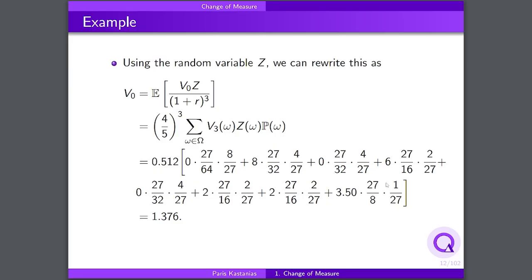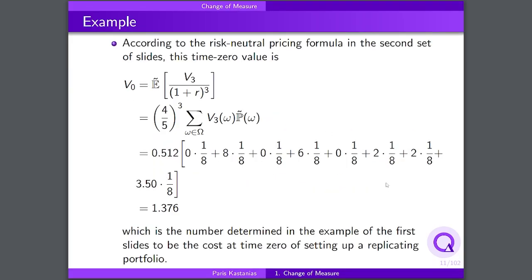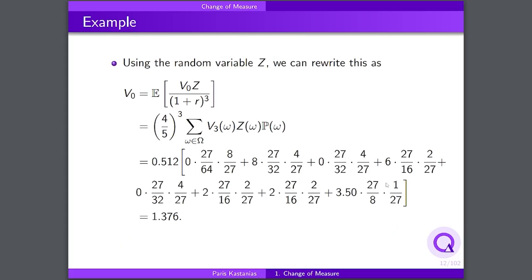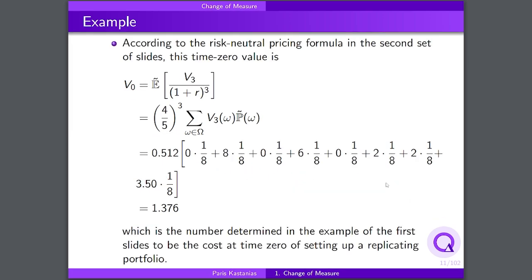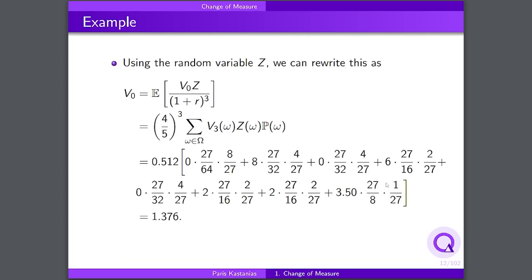So instead of using V3 with the P tilde, we can use V3 times Z times P. Okay, because we assume that Z equals P tilde over P, so we can let P tilde equal ZP. So now instead of this P tilde that we had up here, we instead get ZP.